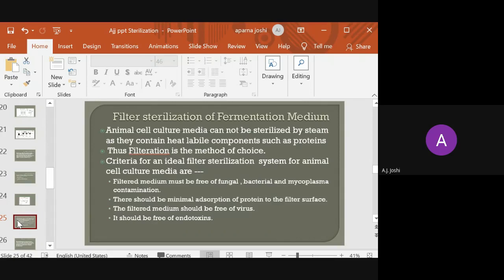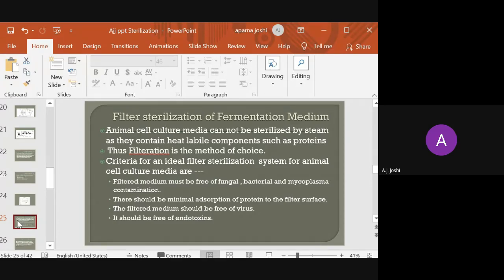Now, another approach to sterilization of fermentation media. No doubt, heat sterilization is the best approach. But in case of animal cell culture media, we cannot employ heat sterilization, because whenever we design animal cell culture media, proteins are an essential component, and mostly these protein components are heat labile. Along with it, certain vitamins and other growth factors are readily denatured at the elevated temperature used during heat sterilization.